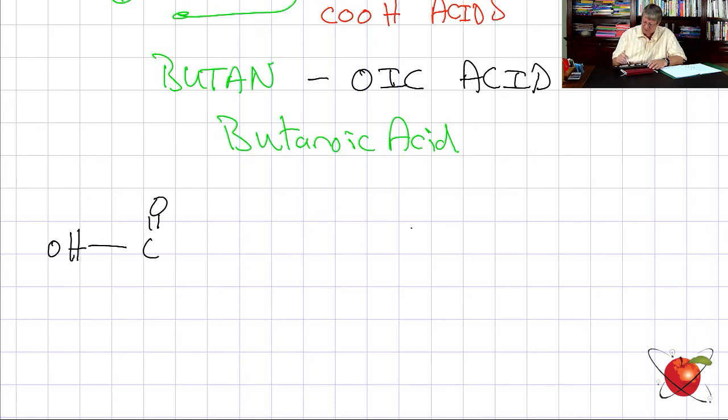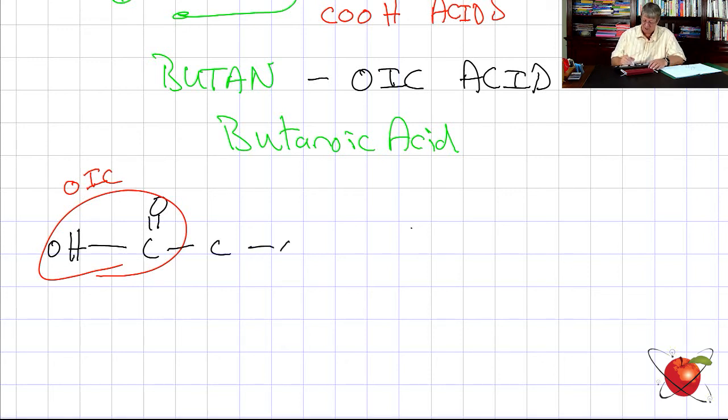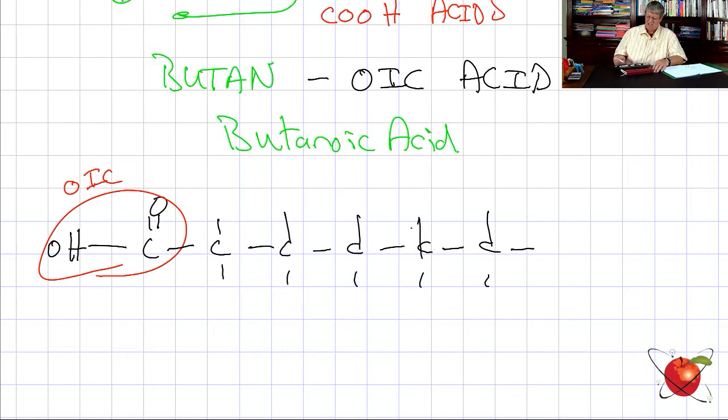This already tells me that this is an oic that I'm drawing, because it always ends like that. Okay, and now we say, right, hexa, it means 6. 1, 2, 3, 4, 5, 6. There we go. That is hexanoic acid. Not complicated whatsoever, is it?